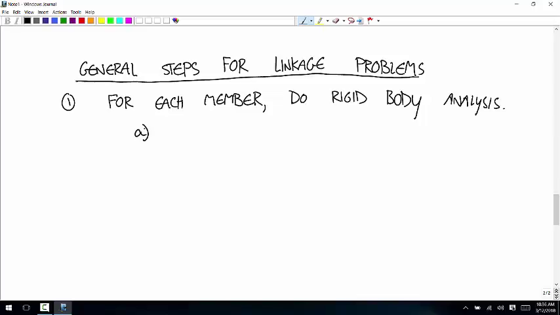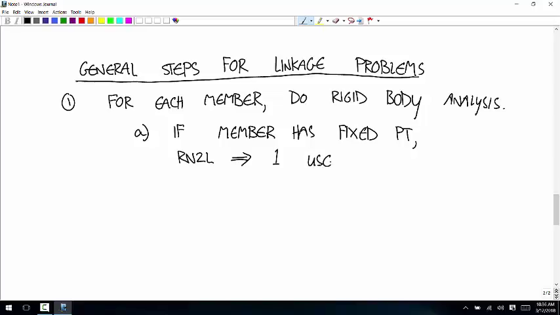There are two possibilities here. If the member that you're working on has a fixed point, the rotational equation gives you one useful equation.